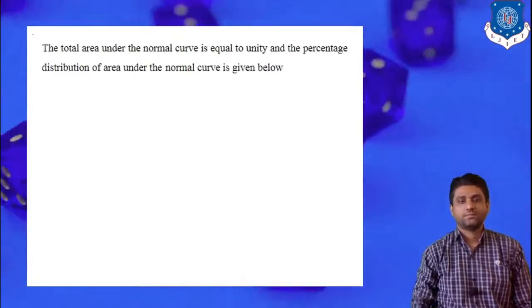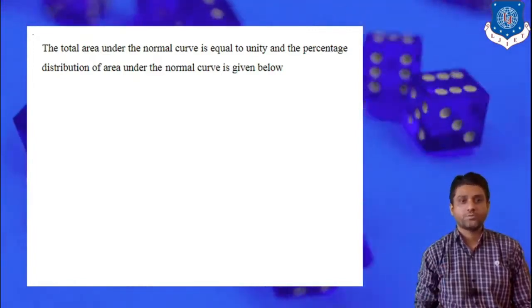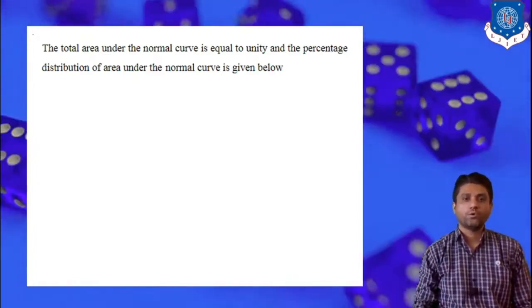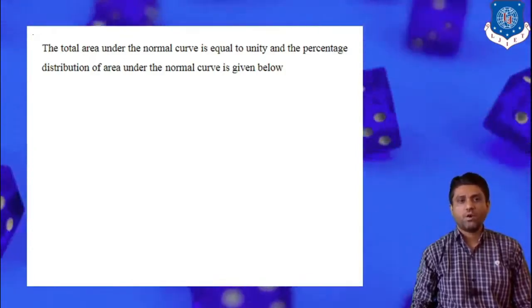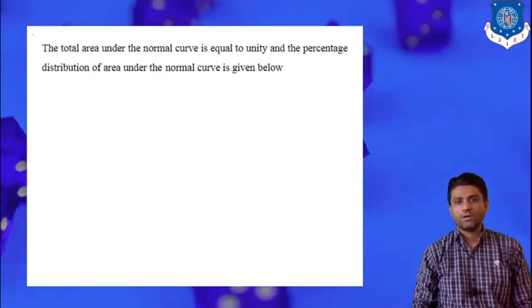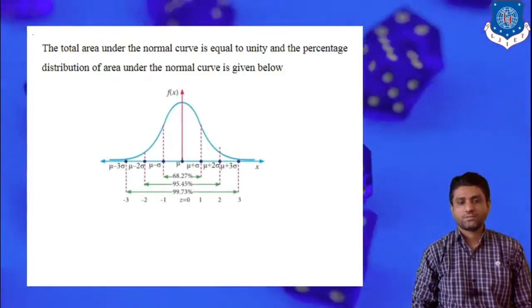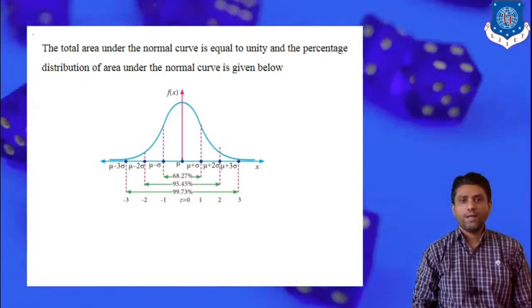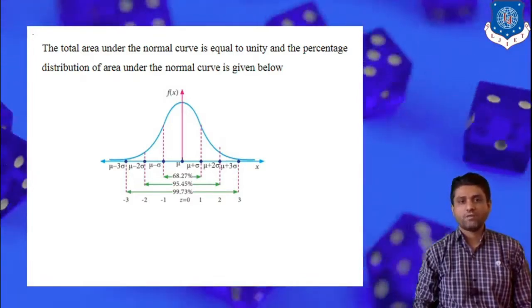So we know that the total area under the normal distribution curve is equal to unity, that is 1, and the percentage distribution of area under the normal curve is given below in this graphical representation. The middle line is known as mu, the mean or average value.